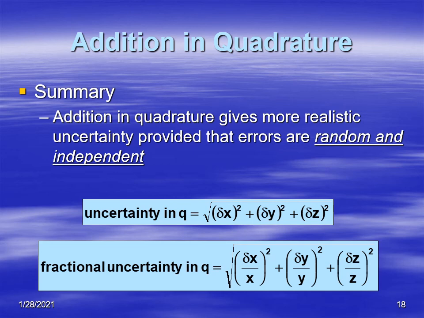Quadrature works for random and independent errors, and it'll give you a more probable error. So that's a little bit about systematic errors, estimating the uncertainty, and also estimating the uncertainty in random and independent errors.